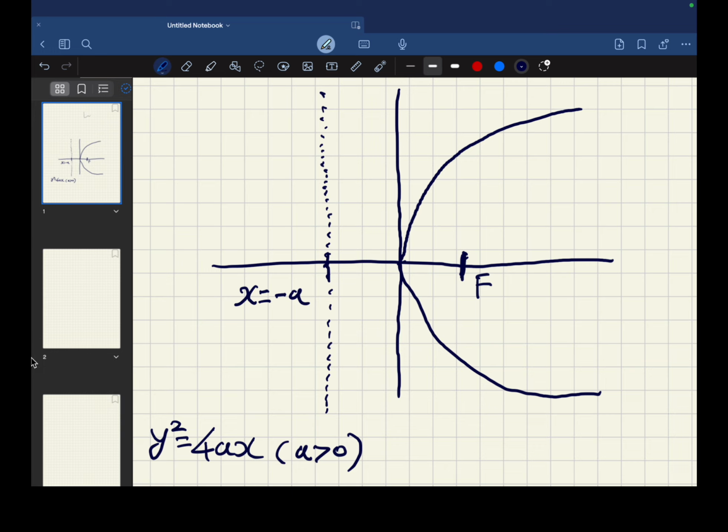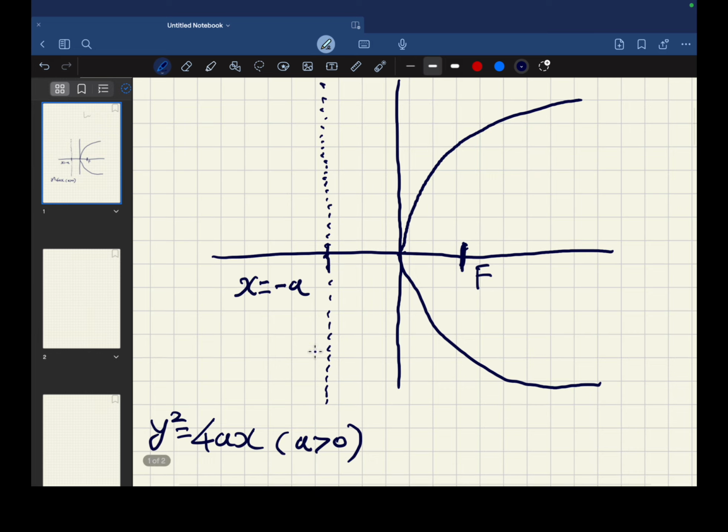Okay, and let me reread the problem. Show that an equation of the tangent to C at Q is qy is x plus aq squared.